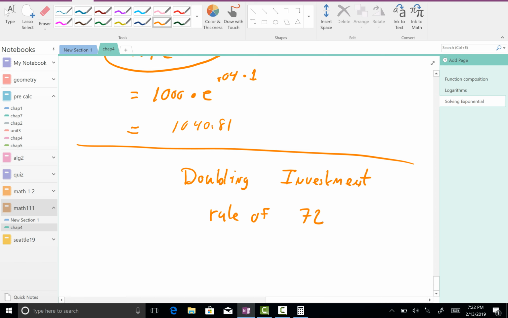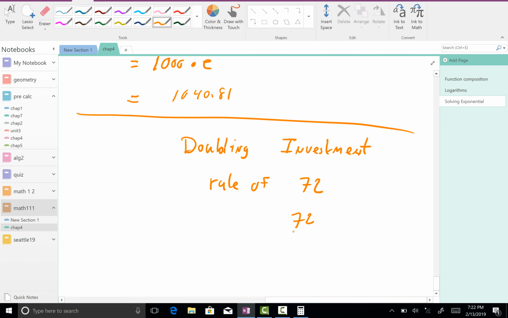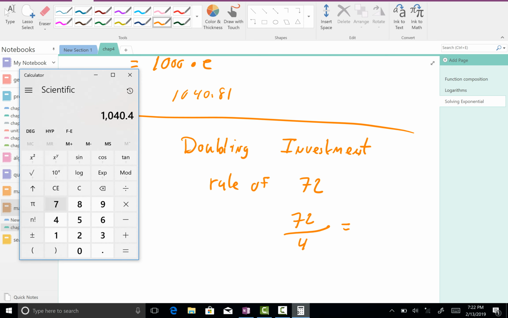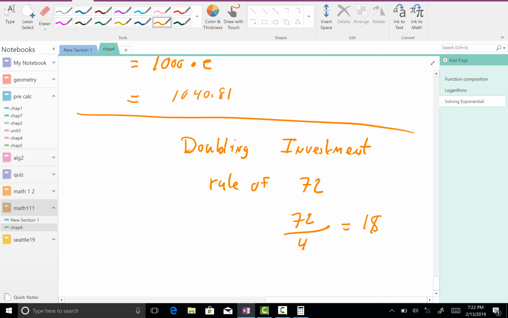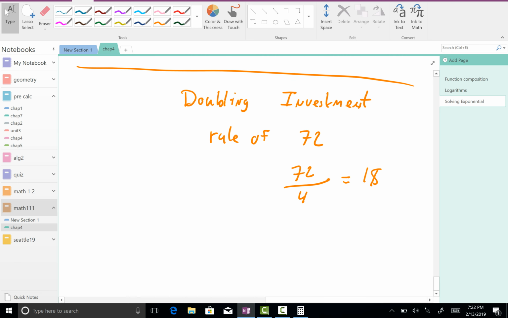But it used to say that if you take 72 and you divide it by small interest rates like 4% or 6%, then that's about how long it takes to double. So if I took 72 and divided it by 4, it would take about 18 years for the average loan to double. Okay? That's called the Rule of 72.